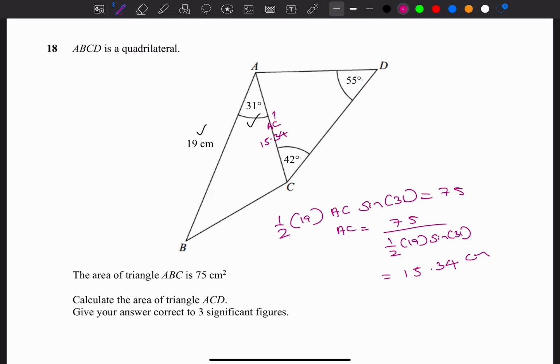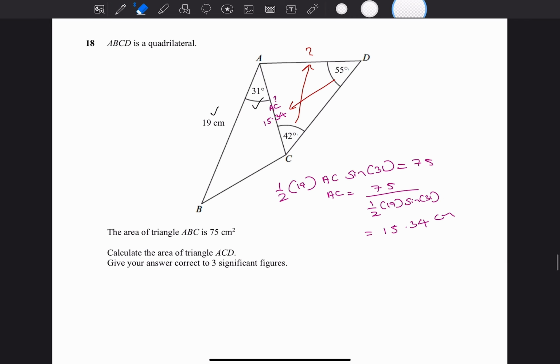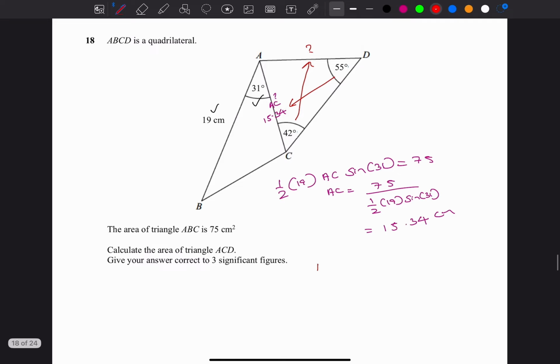Okay, then they would like the area of ACD. Now, if you look at it, this and this is opposite, then I can work out this one, AD. So sine rule then, isn't it? AD over sine 42 equals 15.34 over sine 55.